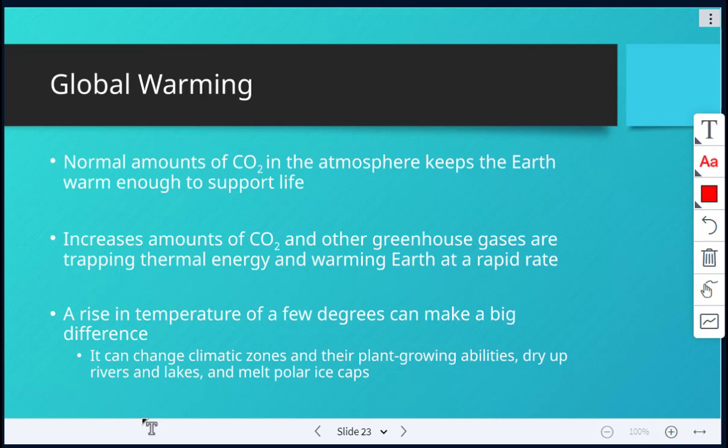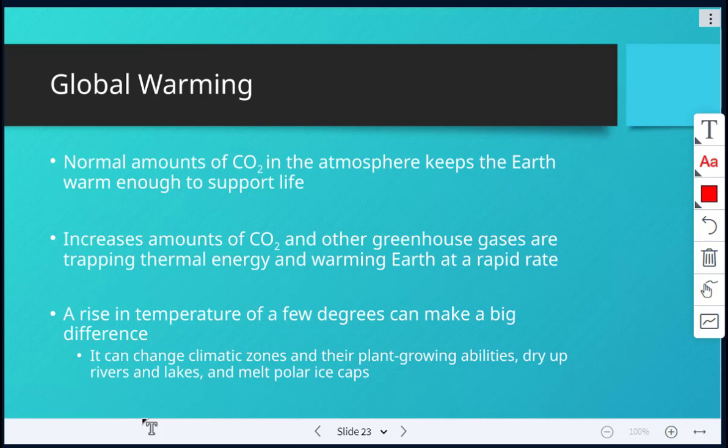So normal amounts of carbon dioxide in the atmosphere is important because it keeps our Earth warm enough to support life. But it's the increased amount of carbon dioxide and other greenhouse gases like methane that are trapping thermal energy. They're warming up the Earth at a rapid rate.